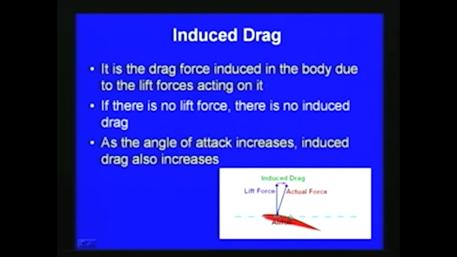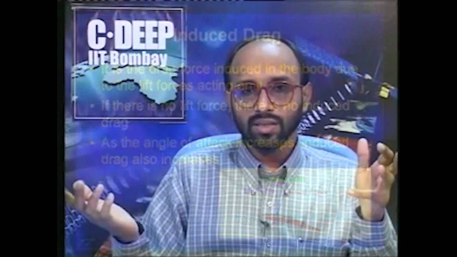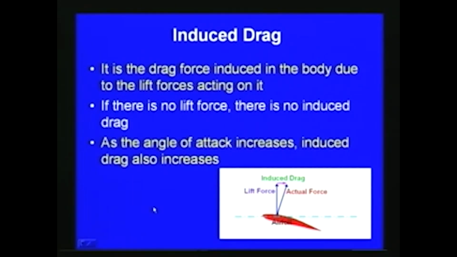As in the case of an airfoil, when the angle of attack increases, the induced drag also increases. So the induced drag depends on how we place the body, how its profile is, and how it is placed with respect to the flow direction of the fluid. This is the so-called induced drag.